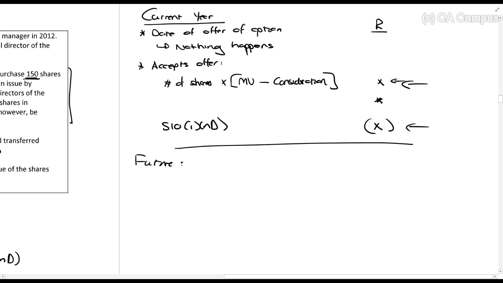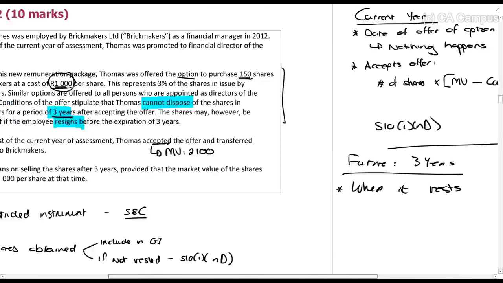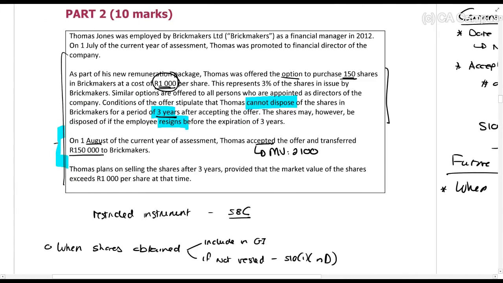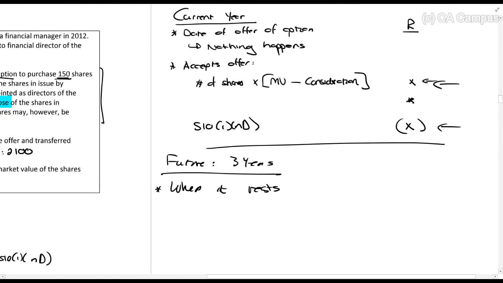Then in the future, 3 years from now, when it vests, so remember, 1st of August, 3 years from now, on that 1st of August, when it vests, he will do the following. He will say, number of shares times market value on the vesting date.